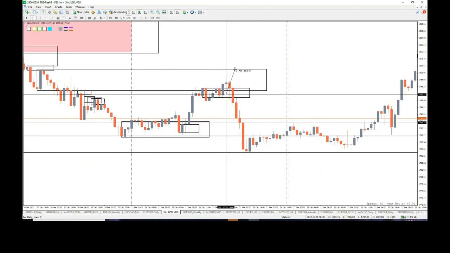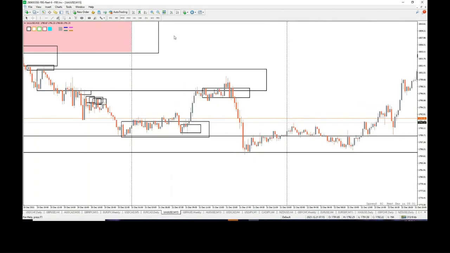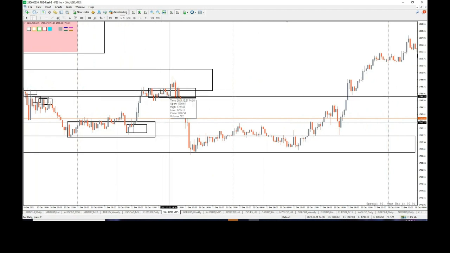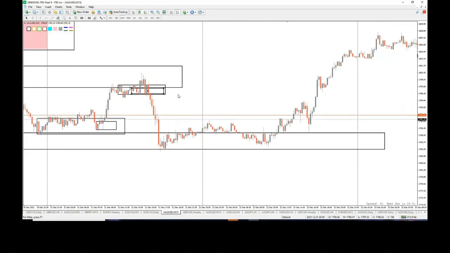Why is the price still going up, right? Just because inside here it's still making an engulfing buy. So we have to wait for another engulfing sell to sell.